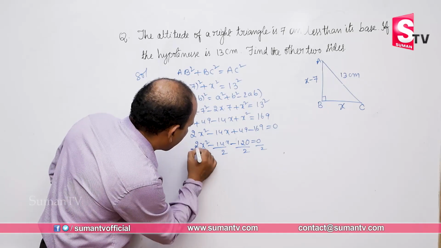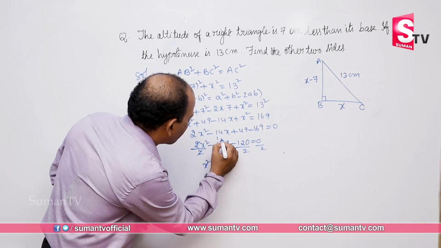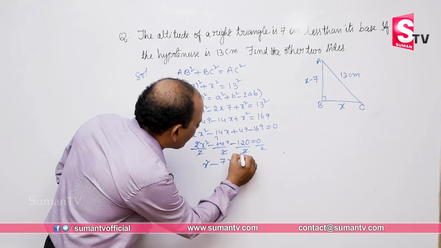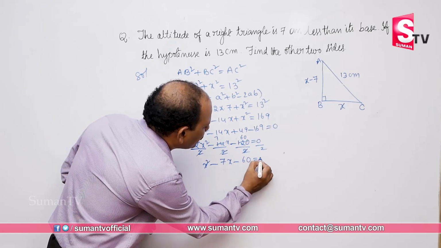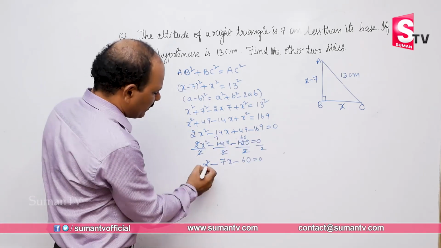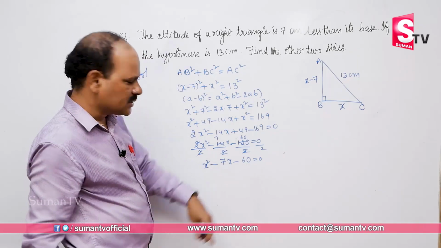So, x square minus 7x minus 60 is equal to 0 by 2. Anyway, it will become 0 only. So, the quadratic equation is x square minus 7x minus 60 is equal to 0.